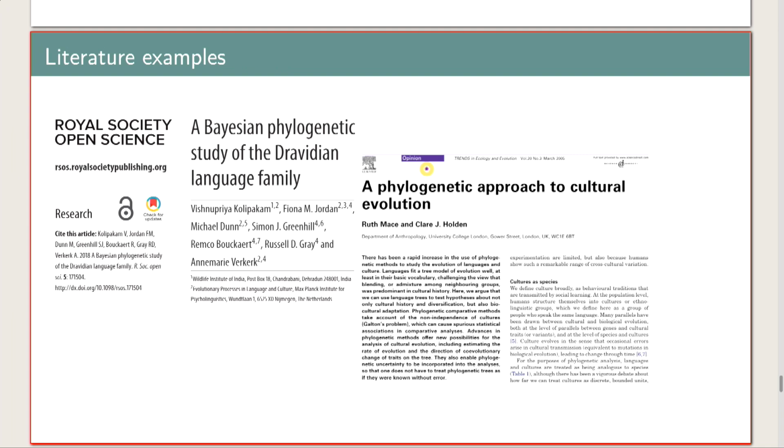Similarly, people have looked at evolution of the Dravidian language family, extended it to cultural evolution. They argue that you can use language trees to test hypotheses not only about natural history and diversification, but about cultural adaptation and so on. And actually, there is a question: why do languages fit a tree model well?